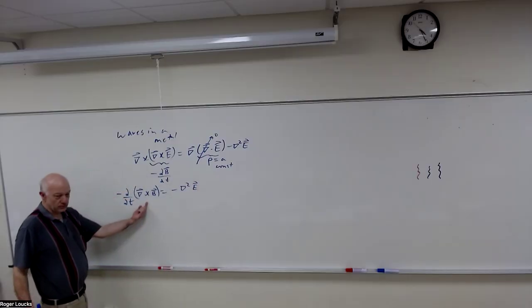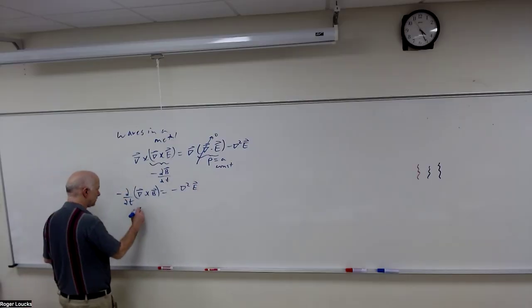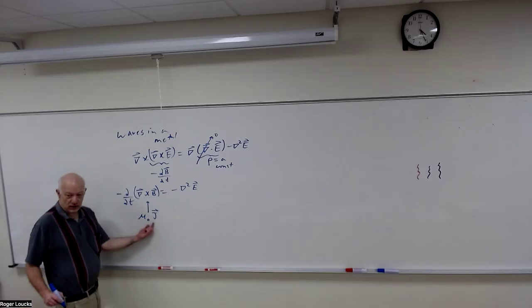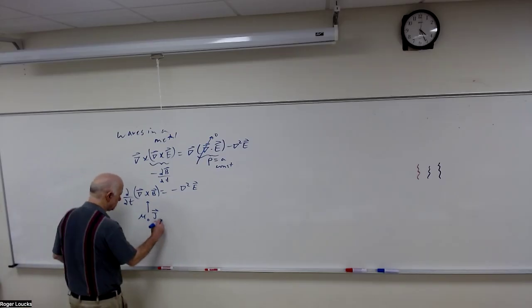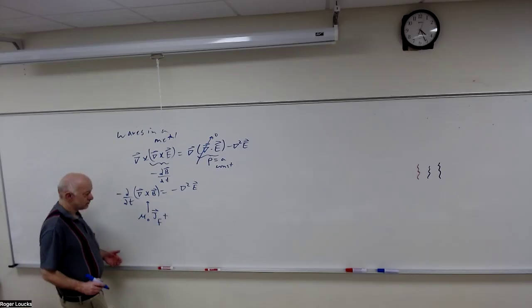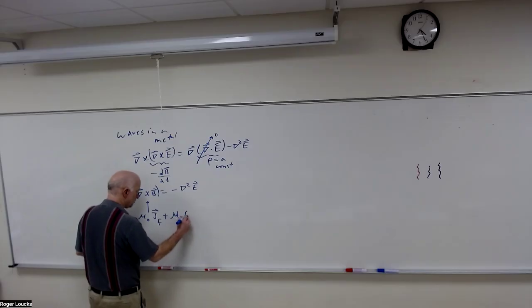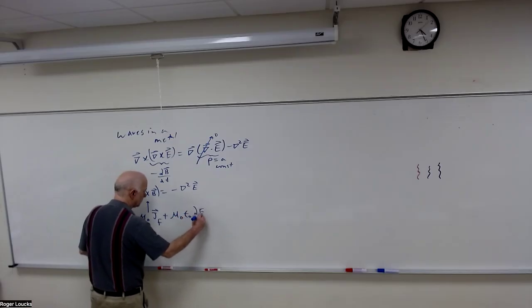Okay, what did we do with this term? So this is our mu naught J, and our J became our J free plus partial D with respect to t.